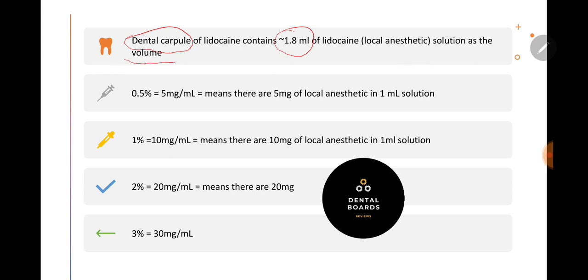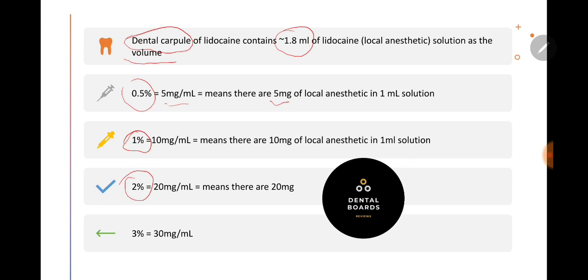The easy way of memorizing it is 0.5% equals 5 milligrams per ml, which means that there are 5 milligrams of local anesthetic in 1 ml of solution. So 1% equals 10 milligrams per ml. 2%, which is our common concentration, the 2% lidocaine that we administer on a daily basis, especially for those in the US.